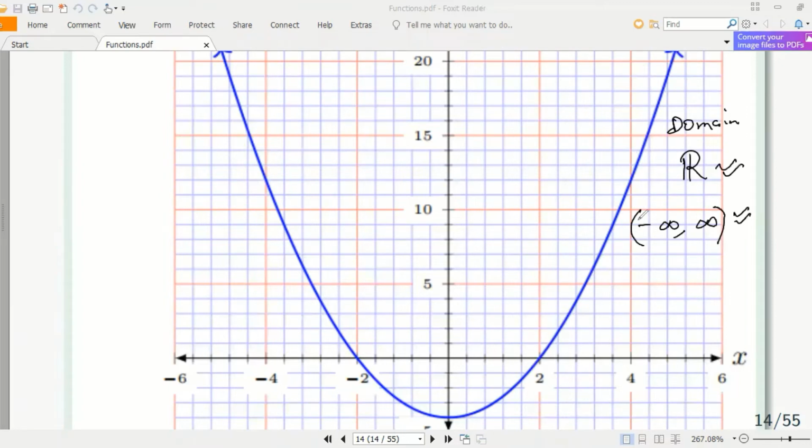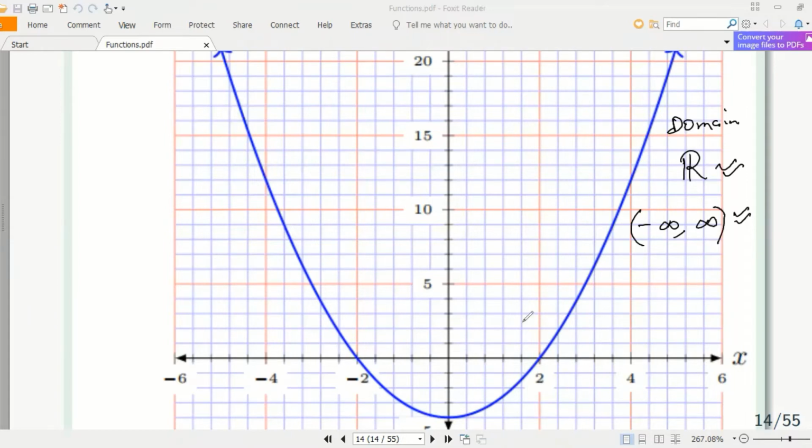You can see it began from 8, crossed 2, crossed 4, came up to 5 here, and it's still going, it will go even up to 10, and so you can tell all the real numbers, or you can just say that the domain is the values between negative infinity and positive infinity. But negative infinity and positive infinity are not included, and therefore put those brackets.